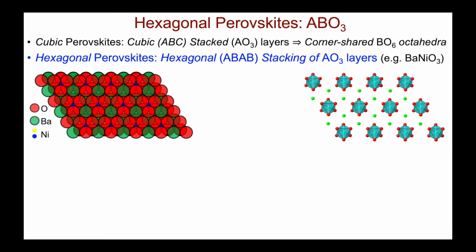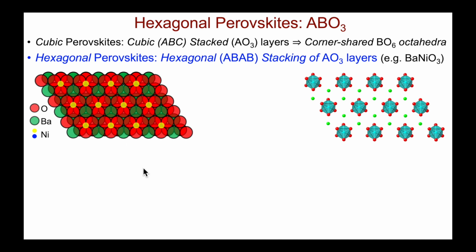But now, with the AB-AB hexagonal stacking, the third layer is superimposed over the first, and so the octahedral sites form one-dimensional face-shared chains. Shown here is the next octahedral site above, and then we complete the AB-AB stacking.